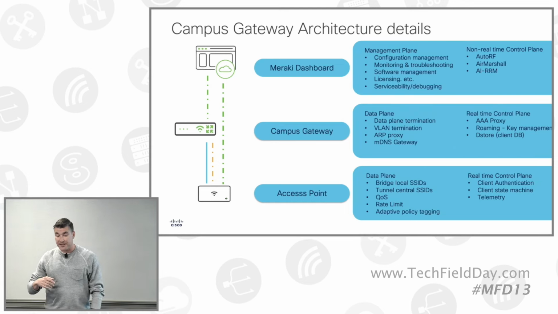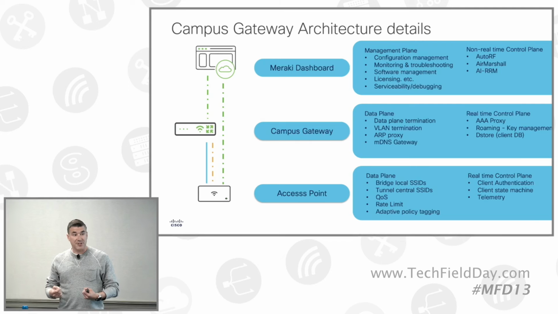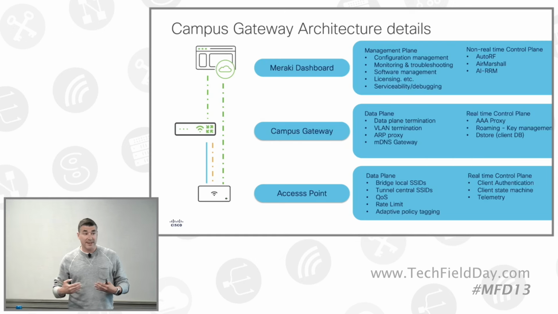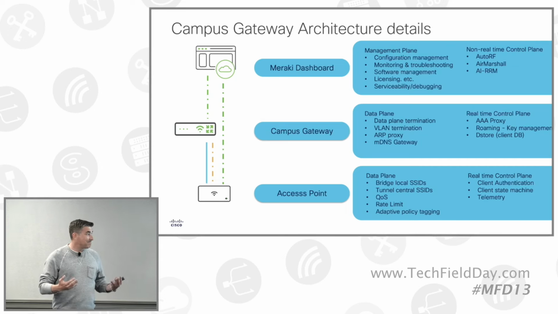Down at the access point, we have a lot of functions built in today, from QoS to rate limiting, adaptive policy tagging. All your client state machine happens at the AP. So we're leaving that all intact down there. So what do we have left for the campus gateway at this point? At a basic level, it's data plane termination.